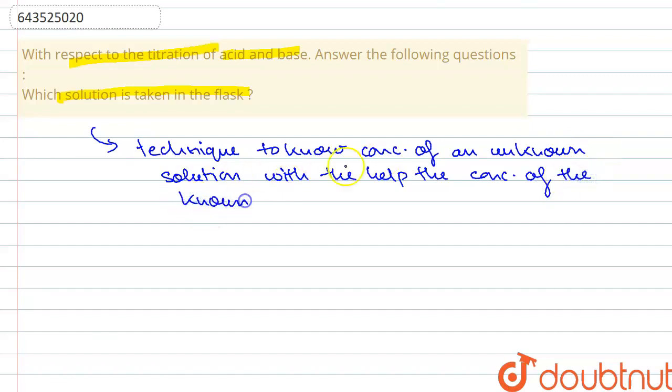That is, we have two solutions. One's concentration we know, so with that concentration of the known solution we are going to determine the concentration of the unknown solution whose concentration we don't know.